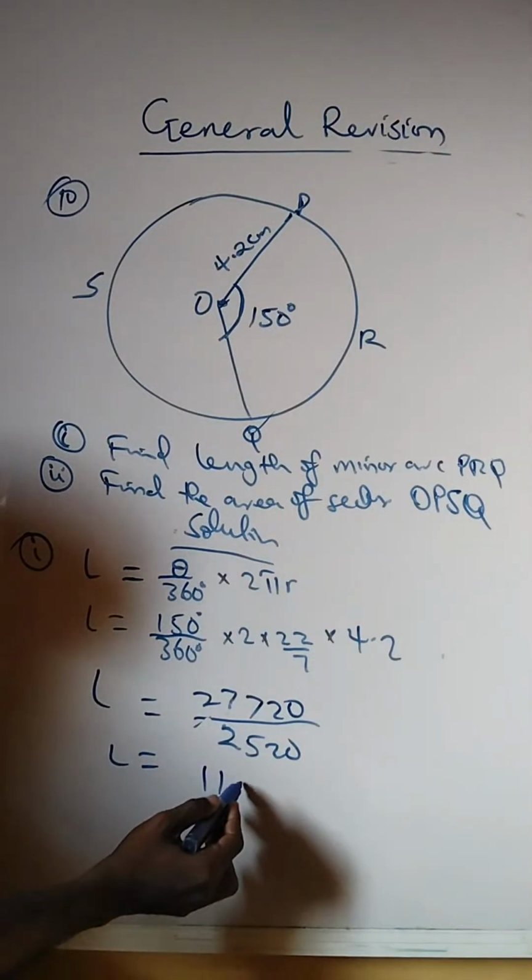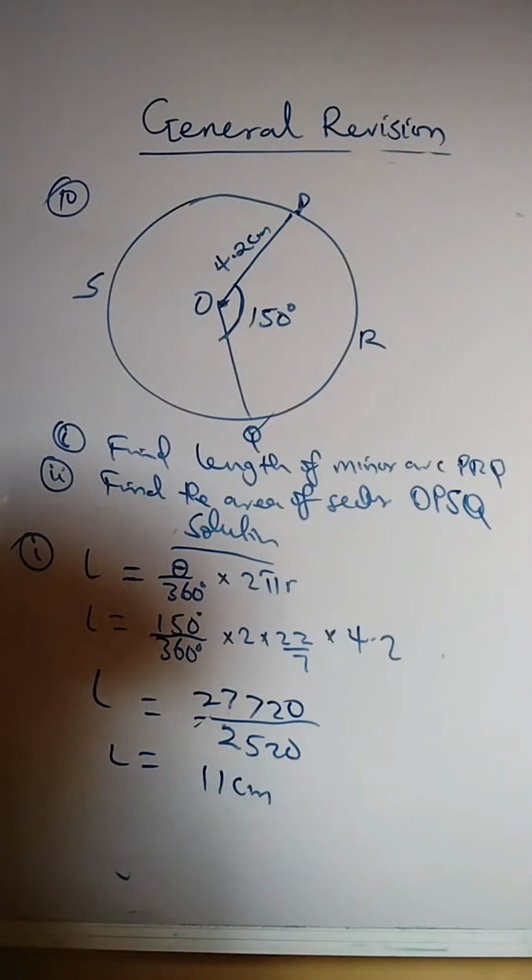So this gives us 11 centimeters. So the length of this minor arc is therefore 11 centimeters.